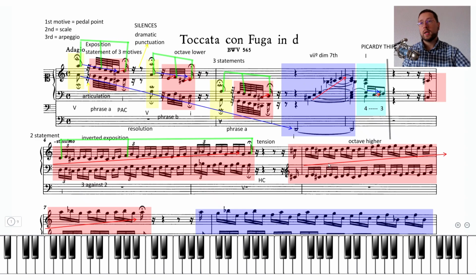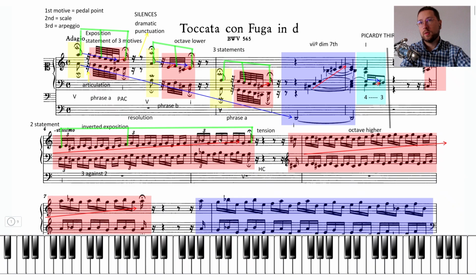And we can see that even the motive itself is repeated 3 times, 1, 2, 3, and then we have the 1, 2. And the entire thing is basically a statement of 3 notes, right?